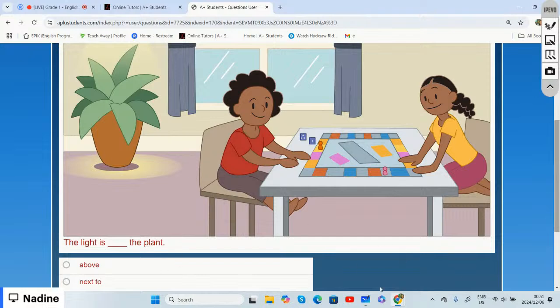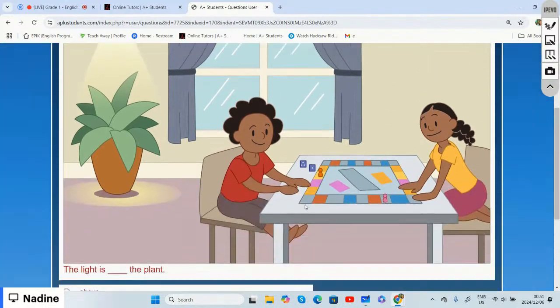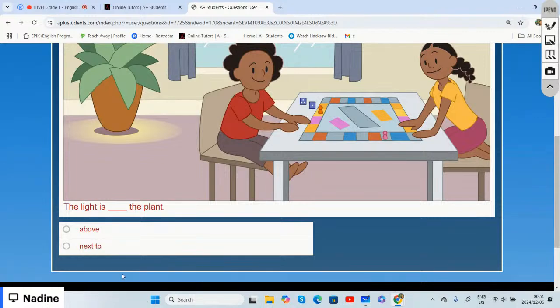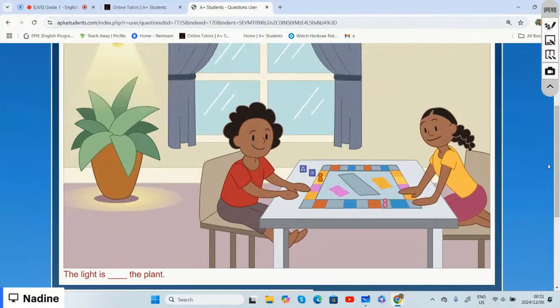And if we were to identify the correct preposition, then yes, we will say the light is above the plant.